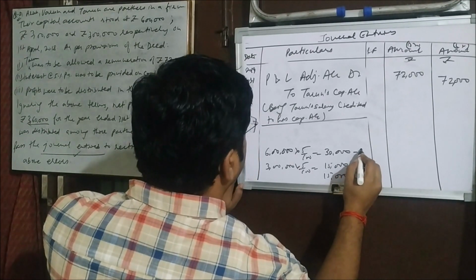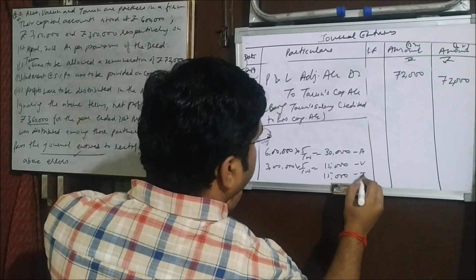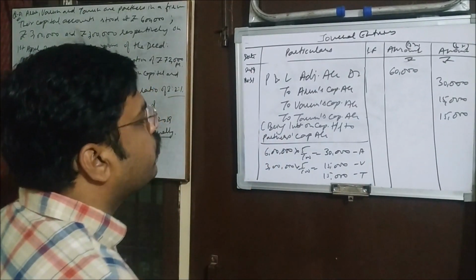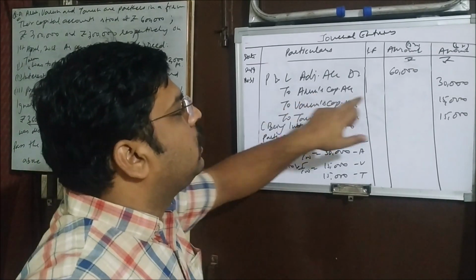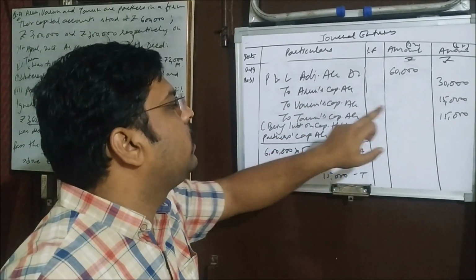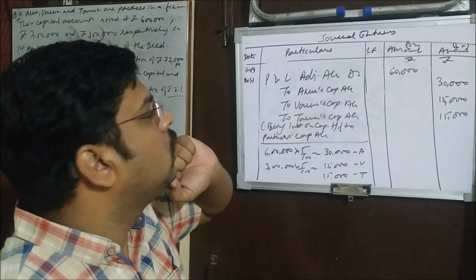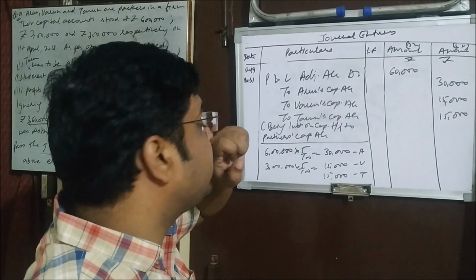So that is for Arun, Varun and Tarun. Now let's pass the entry. Arun will get 30,000 as interest on capital, Varun will get 15,000, and Tarun will also get 15,000. In total 60,000 will be debited to profit and loss adjustment account.